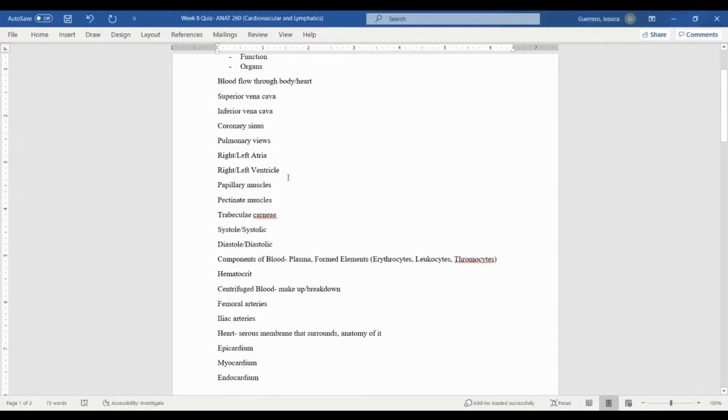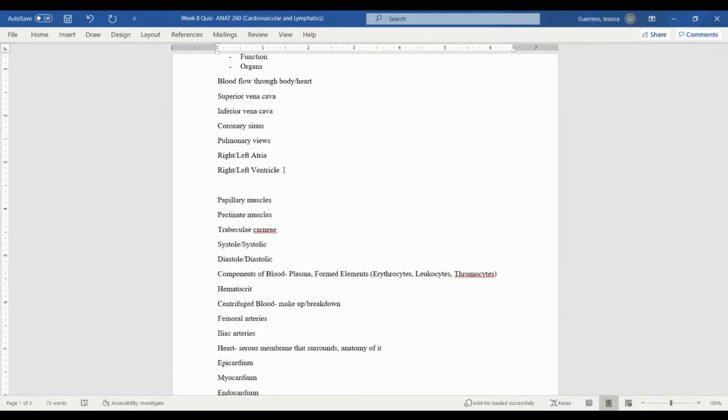With the heart, up here I said atria and ventricles. You need to know the atrioventricular valves. And if you've paid attention in lectures, you need to know all the names. There's the right and the left, and then there are other names for them as well. Using logic and common sense, atrioventricular tells you that these are valves located between the atria and the ventricles.